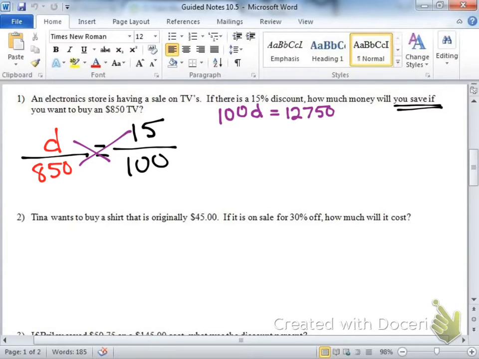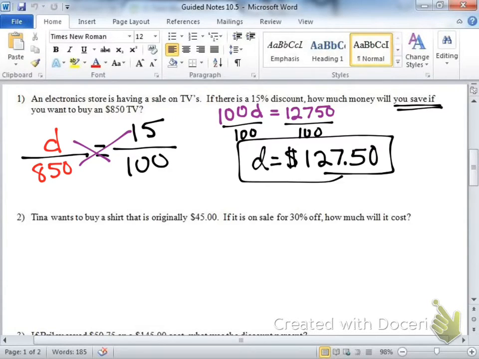Then what? Good. So the discount is what? 127.5. We're talking about money, so what do I need after the 5? Yeah, make sure you have two numbers after your decimal when you're talking about money.